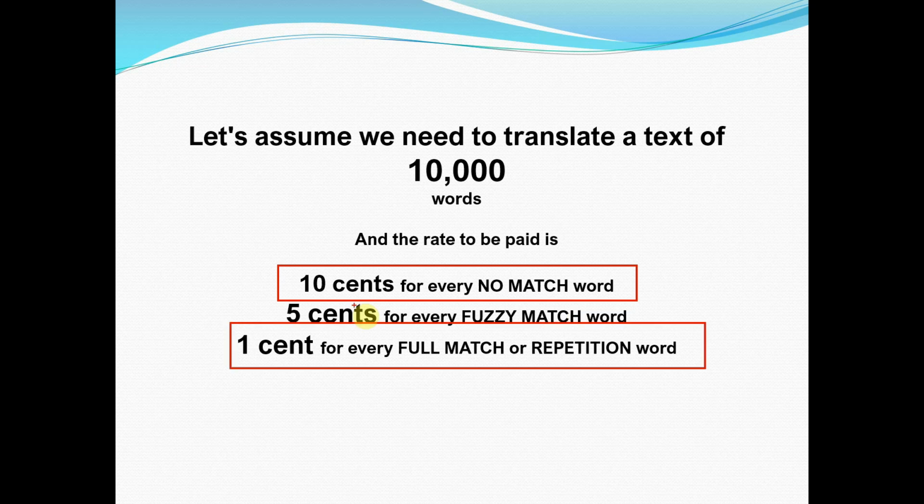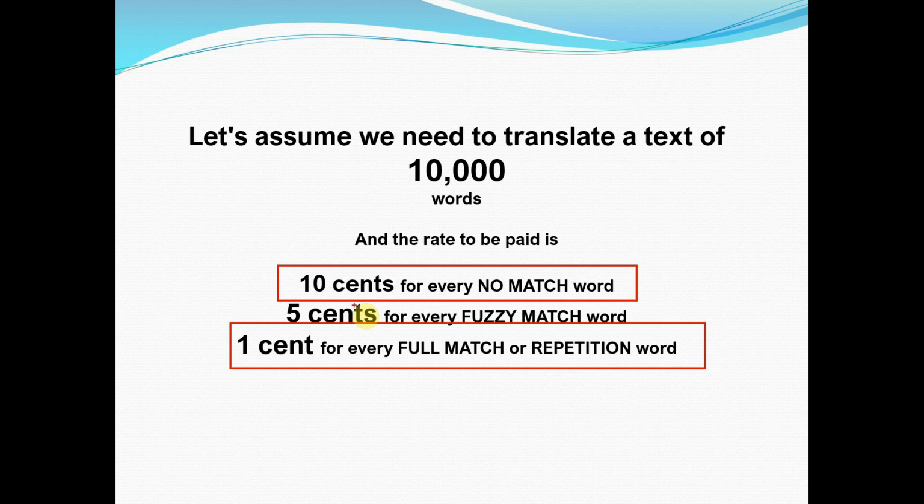When I'm talking about words, I don't mean words that are scattered in my document here and there. I mean words that belong to sentences. Because actually it is the sentence that can be regarded as full match or fuzzy match or repetition or internal fuzzy.